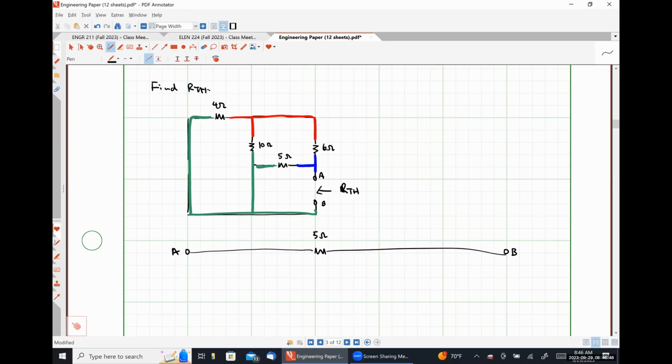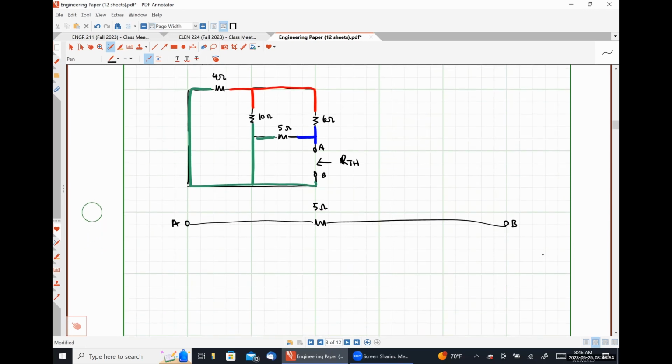I can also go from A to C to B. So let's put C here. So I can go from A to C through the 6 ohm resistor.